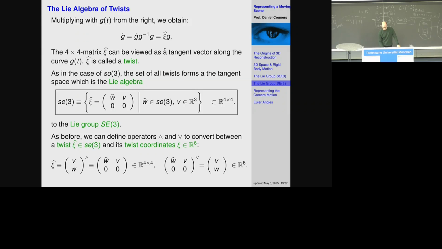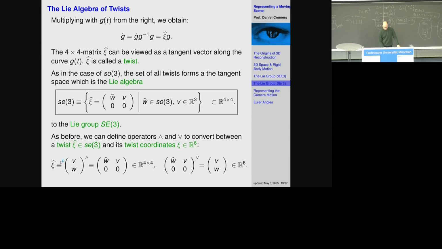matrices. And to clarify, you have the twist matrices, and they come out of a twist coordinate vector xi, that is a 6-dimensional vector. And what does it contain? It contains the vector v that we have top right here, and it contains w, the 3 components that make up the skew-symmetric matrix w hat.